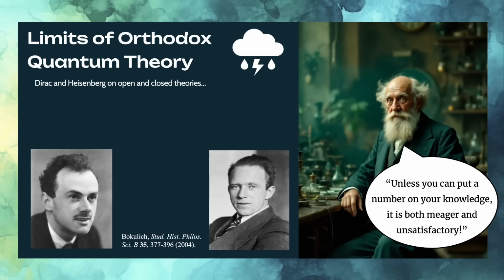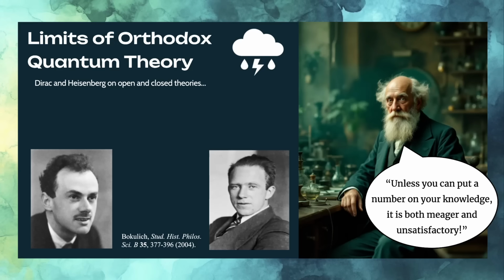And Dirac felt that theories should be open and subject to revision, whereas Heisenberg thought, no, once you have a theory, it should be closed and complete in the sense that that theory's domain of applicability should be clearly defined. And if there were future discoveries or revolutions in physics, it wouldn't be a modification to the old theory. It would be, in fact, the creation of a whole new theory with a new domain. So they didn't really agree on what a theory should be, open or closed.